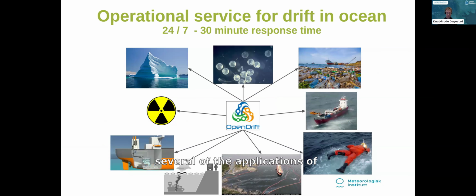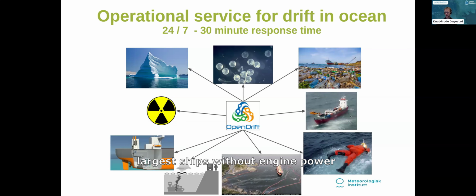So this illustration shows several of the applications of drift in the ocean. In the center, we see the toolbox we're using, which is the Python open source tool OpenDrift, which has modules for different drift applications. You can see, for example, at the bottom, an oil spill scenario. And to the right, you also have search and rescue, typically drifting persons or objects or small boats.